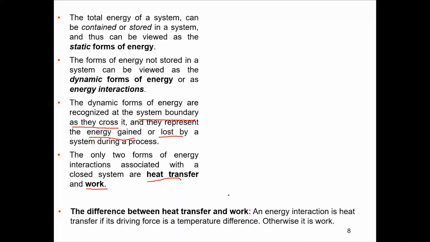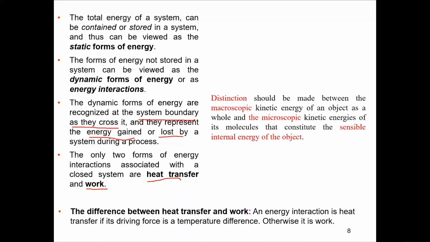Clear enough? Now, one important thing is that we have discussed two kinds of kinetic energies: kinetic energy of the system as a whole with respect to some outside reference, and kinetic energy of the molecules. You need to differentiate between the two. Distinction should be made between macroscopic kinetic energy, which is with respect to some outside reference, and the microscopic kinetic energy of the system, which is the sensible energy part of the internal energy of an object.